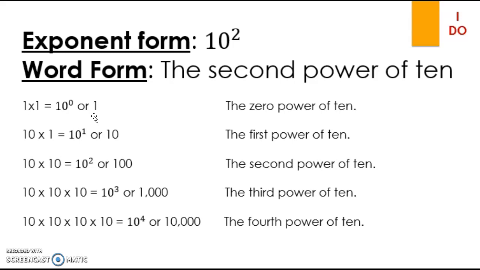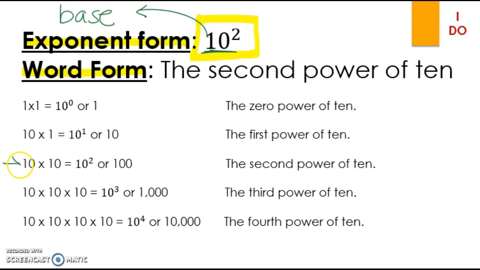Exponents can be written in exponent form and word form. In word form, this exponent or number with an exponent is pronounced or said the second power of 10. 10 is known as the base. The base is the repeated factor. The reason we say repeated factor is because the 2, which is the exponent, tells us how many times the base is used.